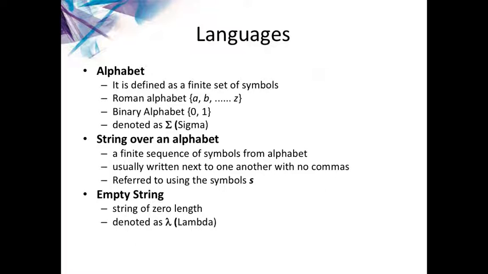The empty string is a string with a length of 0, and we denote it as lambda. The empty string belongs to actually any language, unless the description of the language states that it cannot have a string with a length of 0.